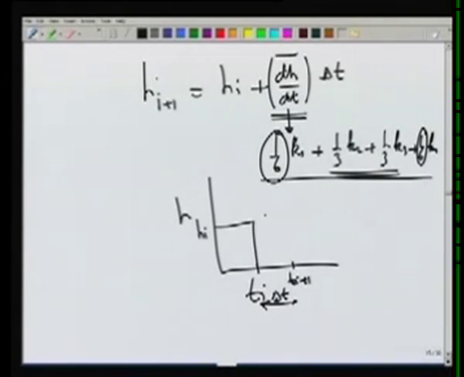So using fourth order RK, we estimate what is the value at ti plus 1, and then we proceed to the next step, ti plus 2. Now using these two, as this as known and this as the unknown value.